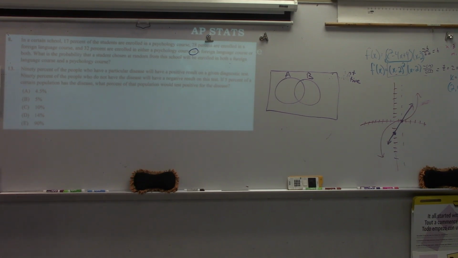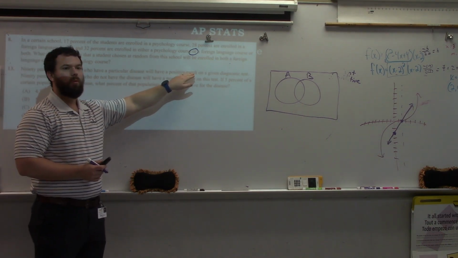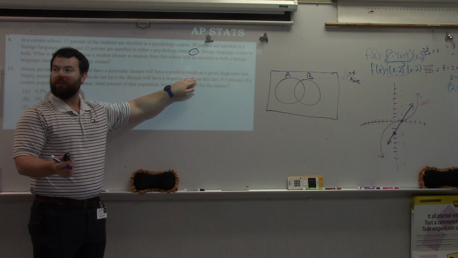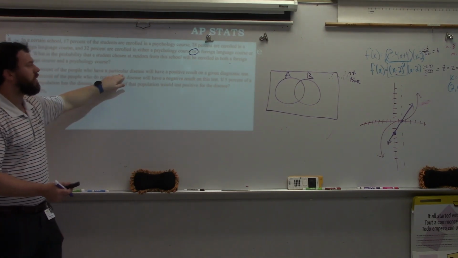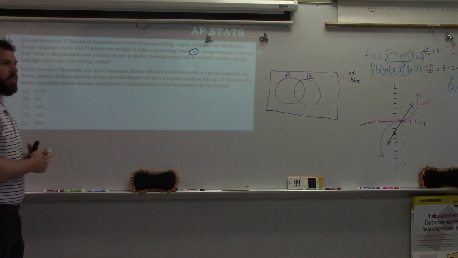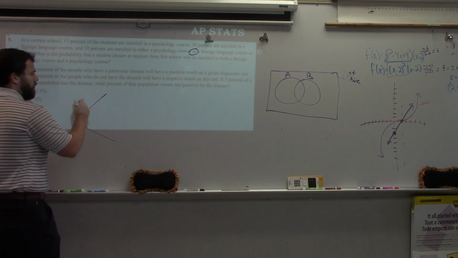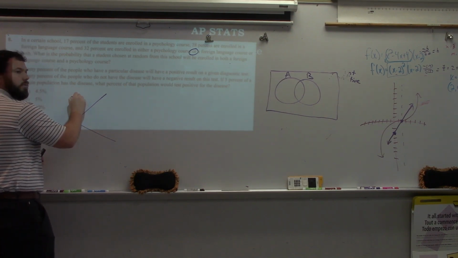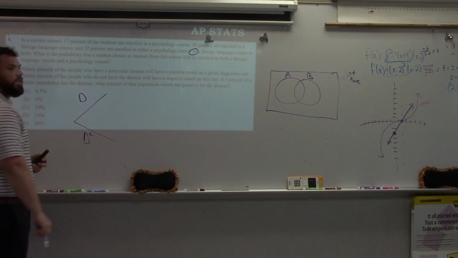A lot of information, but not only that, right? 90% of the people who have a particular disease will have a positive result. What should that remind us of? That's a conditional, isn't it? 90% of those who have the disease will have a positive result. So they either have the disease or they don't have the disease.